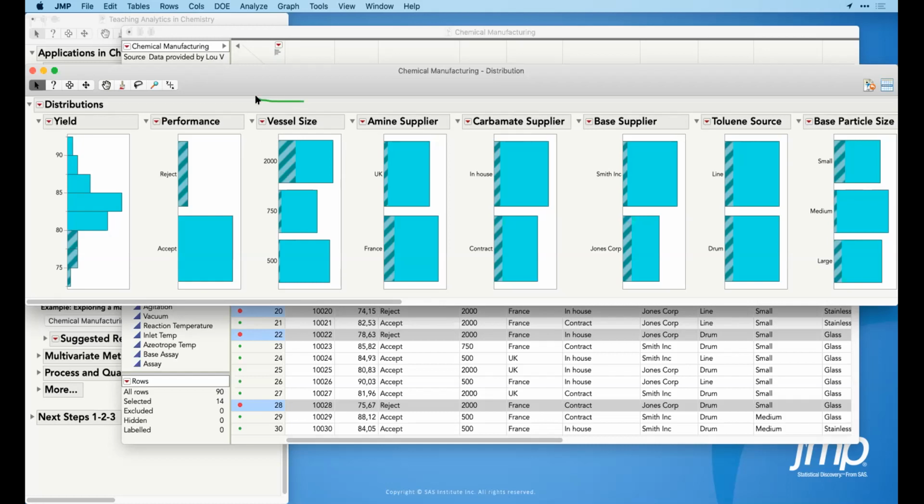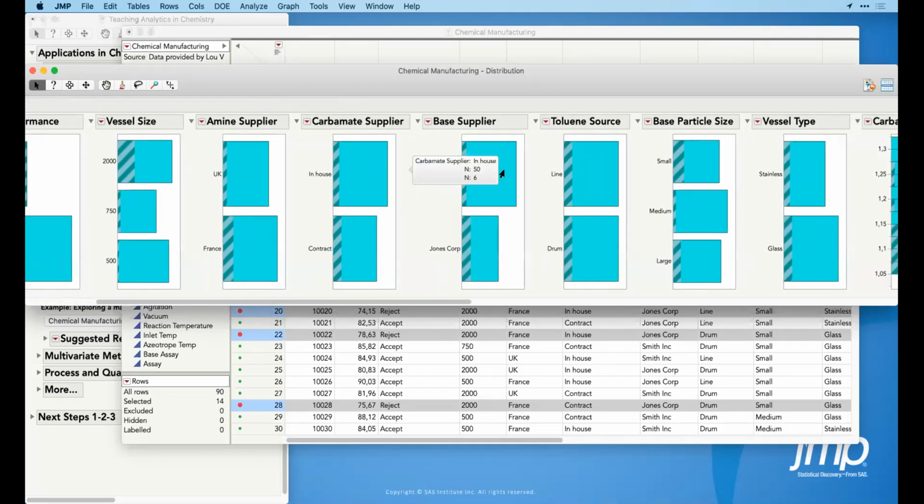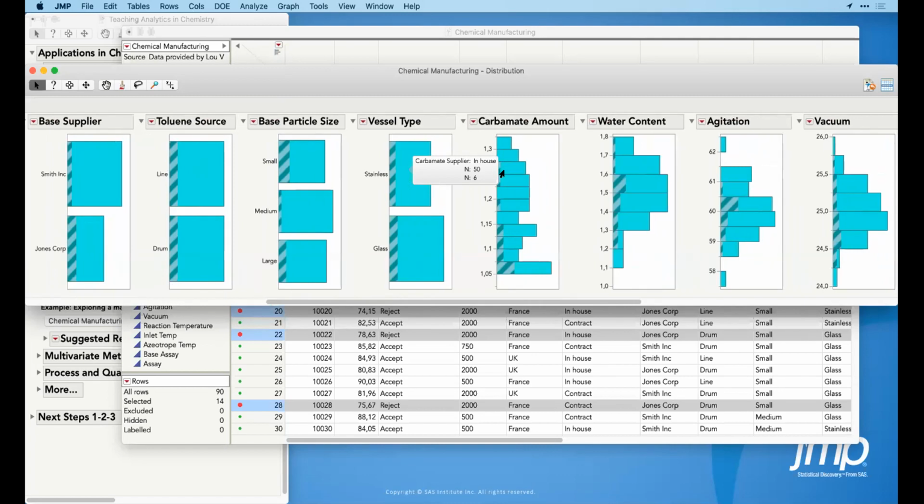And I can directly see the relationship with vessel size. I cannot explain everything by a single predictor or setting, but I can just explore my predictors and, for instance, also see that lower carbamate amount may lead to more rejected batches.